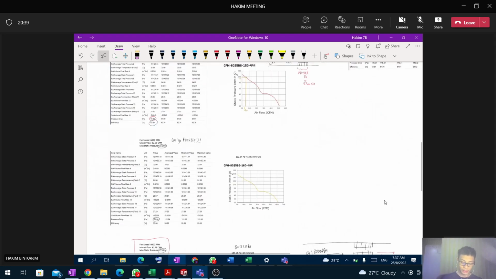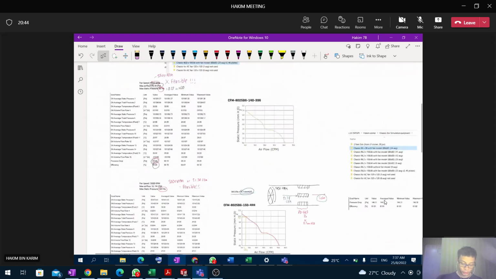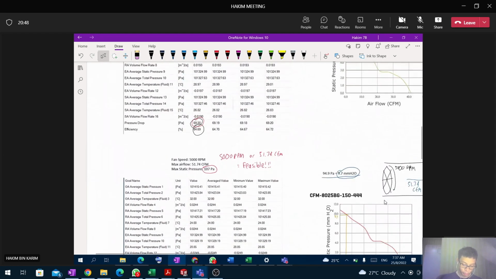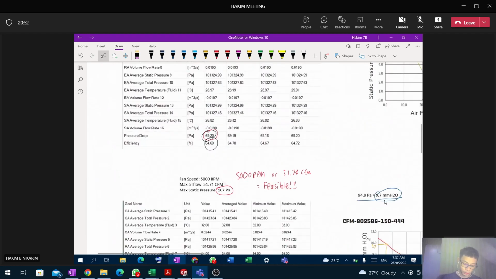So from these results, if you notice from this graph, the efficiency is reduced when we increase the fan speed or we increase the airflow.